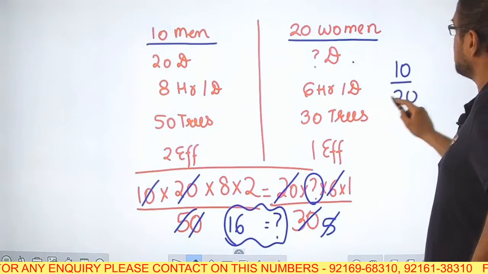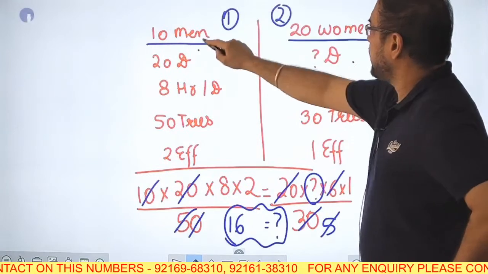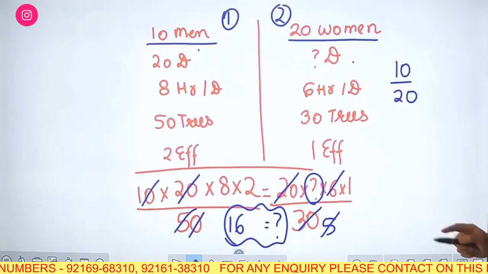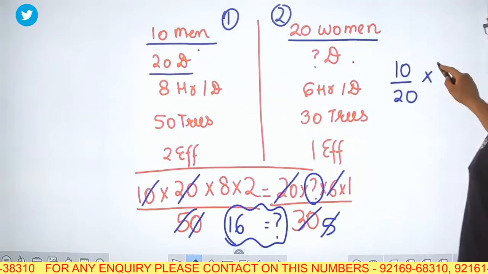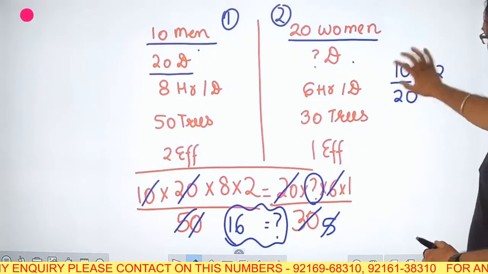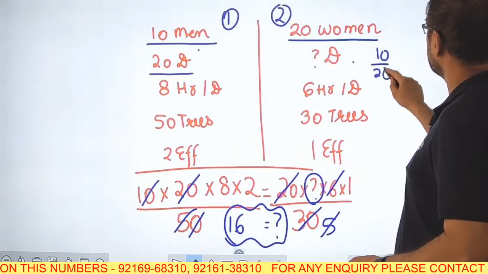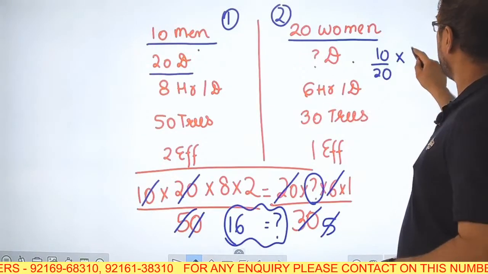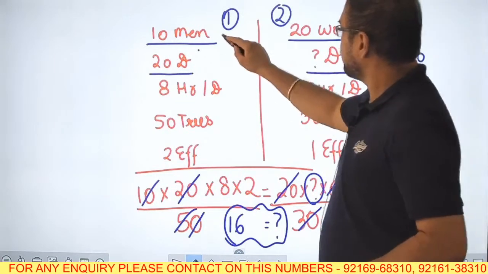This is the first situation, this is the second situation. So 10 on the top and 20 below. Now days: 10 by 20 first, next 20 days upon question mark days. This is the first parameter, this is the second parameter.